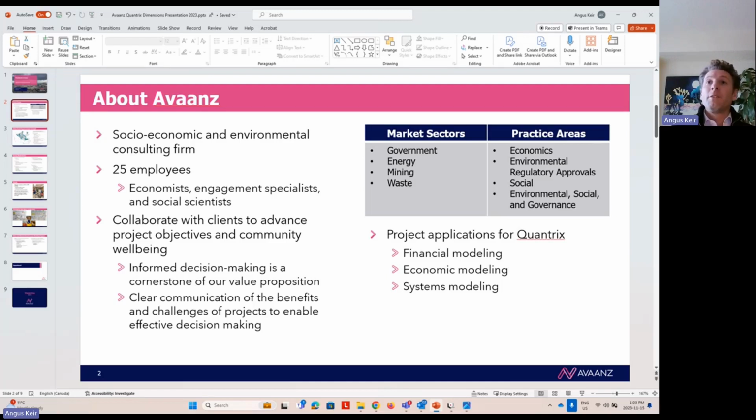Another reason we use Quantrix is for systems modeling. As I said, 11 years ago, I started with Quantrix, and the application for that was to model waste flows. Since that day, even just yesterday, I handed in a report modeling waste flows. So we've done projects for the government of Nova Scotia looking at waste flows.